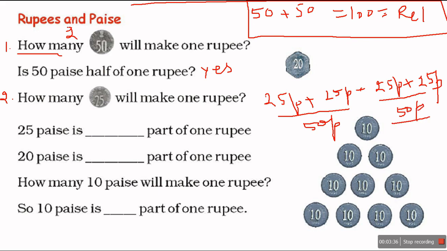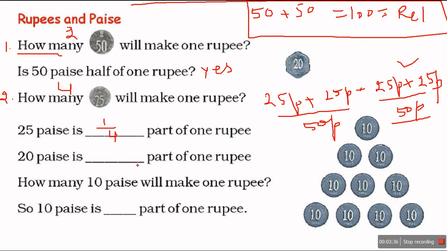Means 2 25 paisa is 50 paisa and 4 25 paisa is 100 paisa. So 1 rupee has 4 25 paisa. So the answer of question number 2 is this: 4 25 paisa will make 1 rupee. 25 paisa is quarter, 1/4 part of 1 rupee.